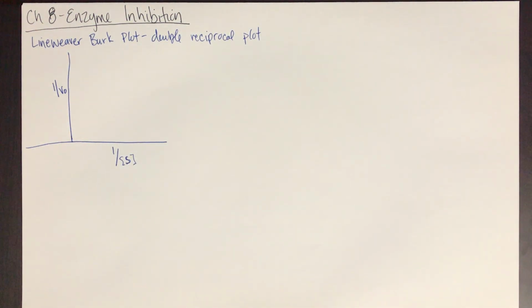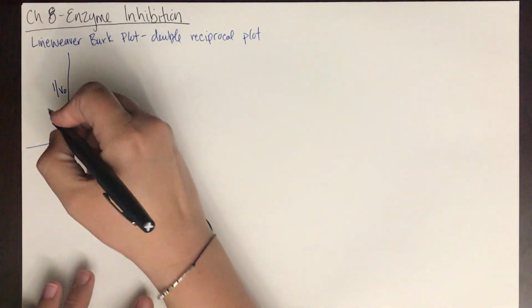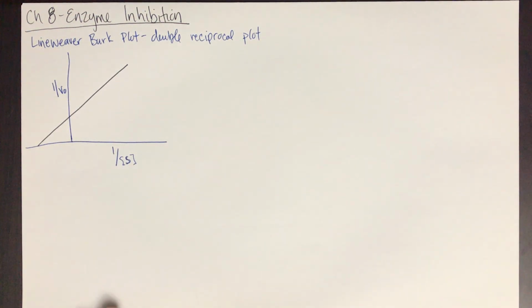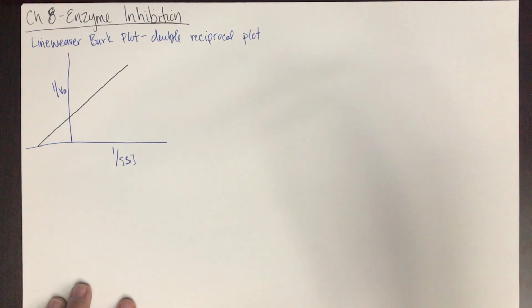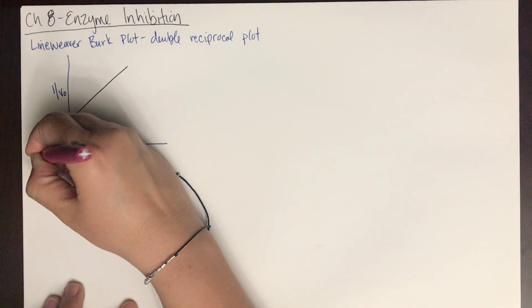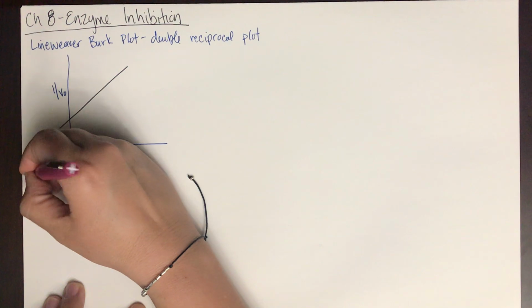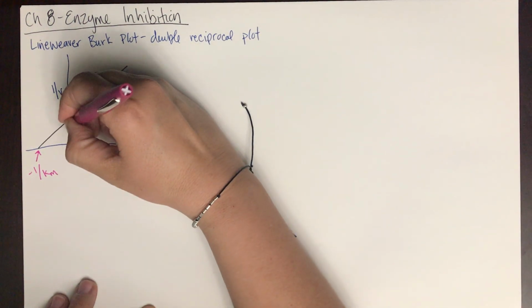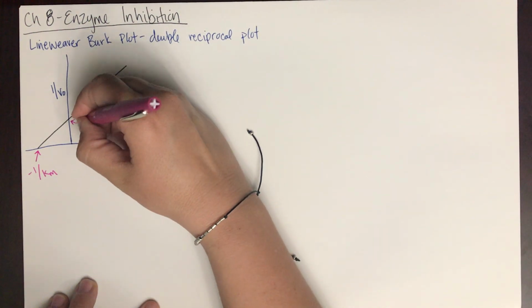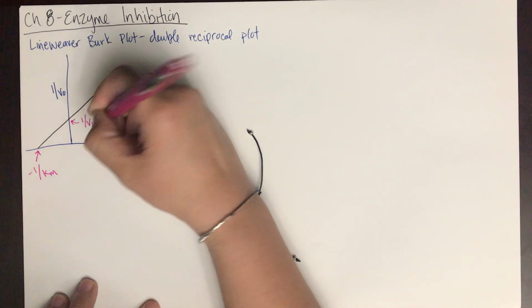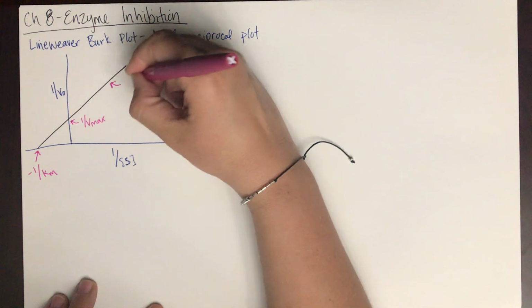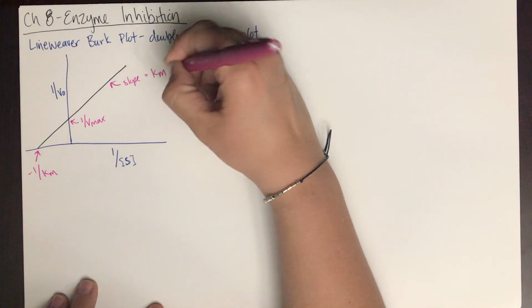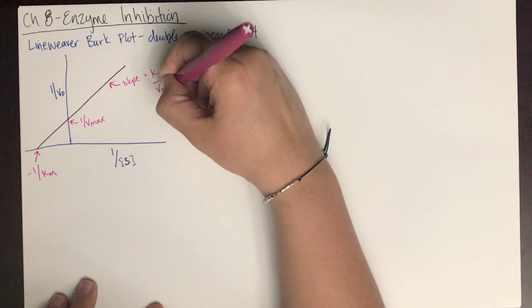So this is now going to be a straight line, and the important points on this line are going to be this x-intercept here is going to be -1 over the Km. Here, the y-intercept is going to be 1 over the Vmax, and then the slope of this line is going to be the Km over the Vmax.